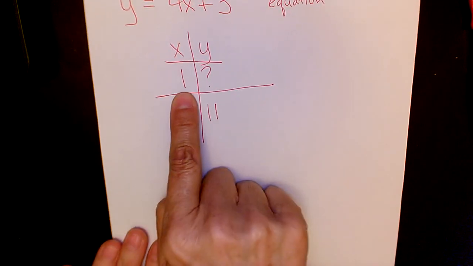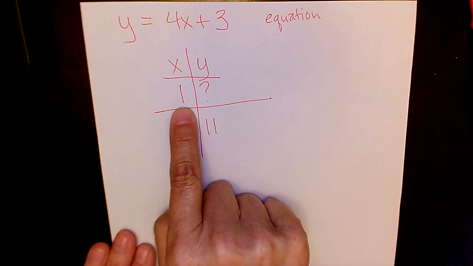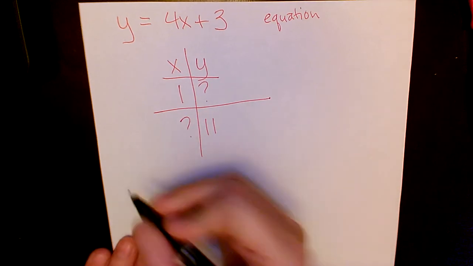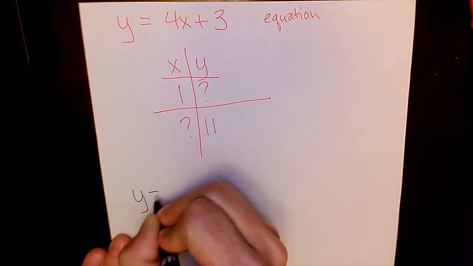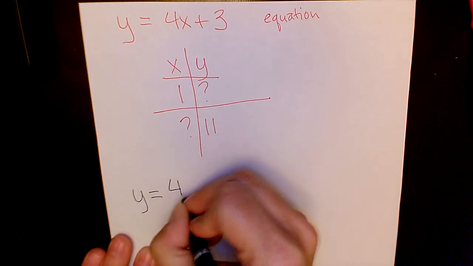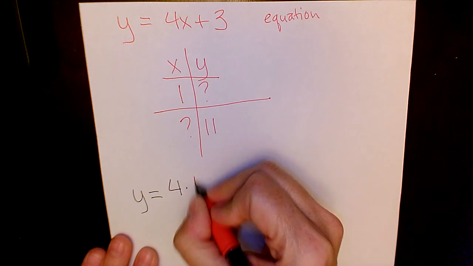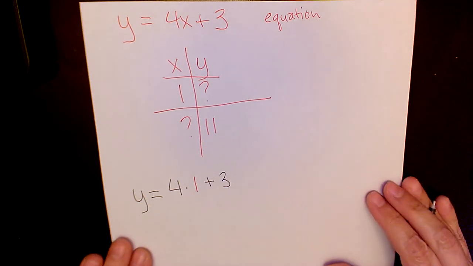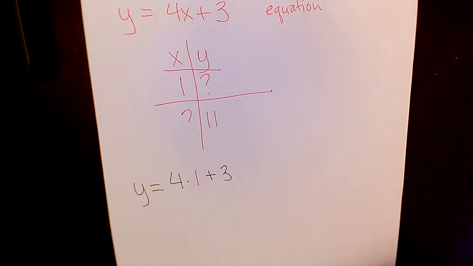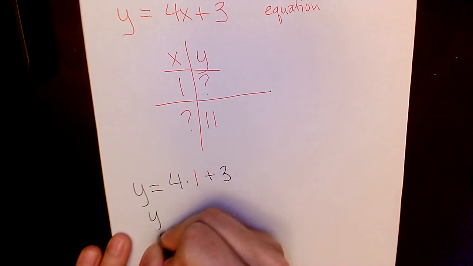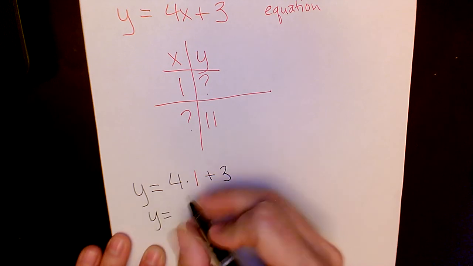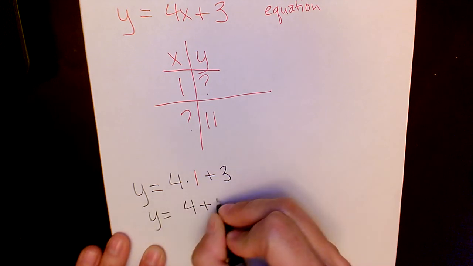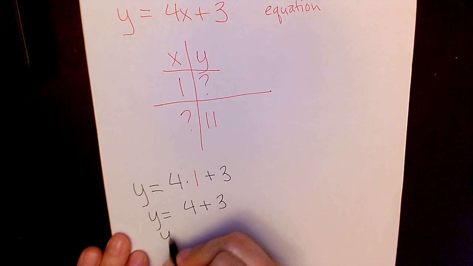So for the first part, I know x is 1. So I'm going to take 4 times 1 and add 3, and see what I get. So y equals 4 times 1 is 4, plus 3.